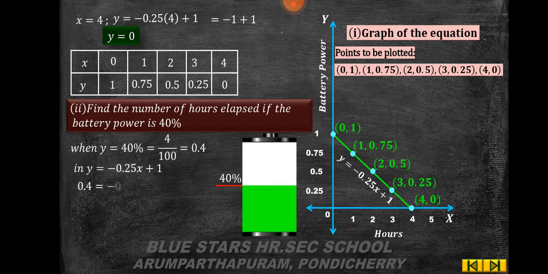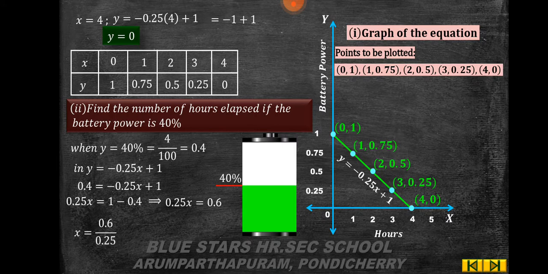So y is equal to minus 0.25 into x plus 1. Substitute the value of y is equal to 0.4, which is equal to minus 0.25 into x plus 1. So 0.25x is equal to 1 minus 0.4, which implies 0.25x is equal to 0.6.